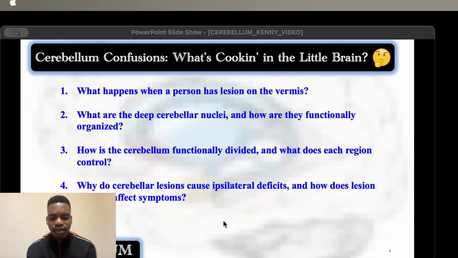It is widely known, even lay people know this, that if someone has a lesion on the right side of the brain, the symptoms or presentation will be on the left side of the body.